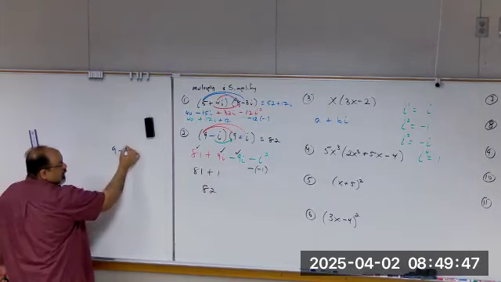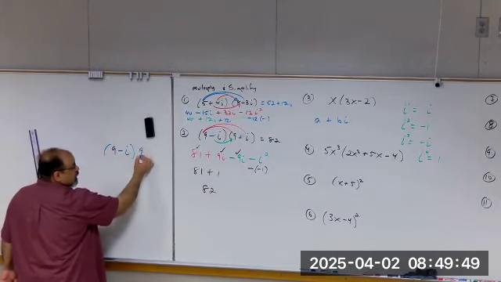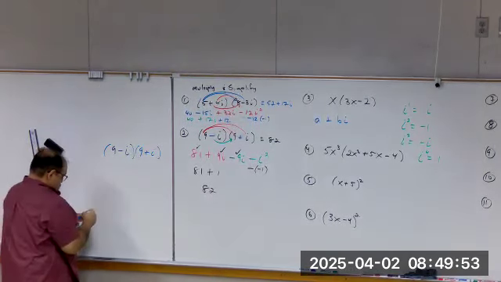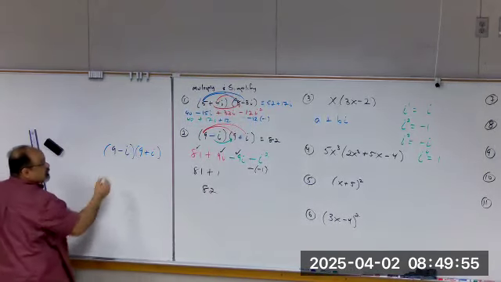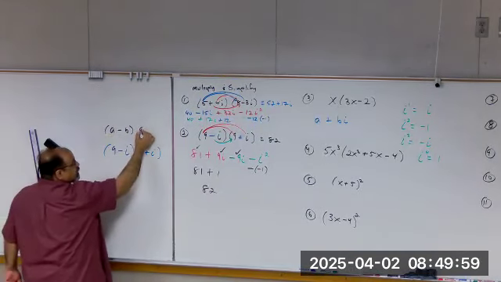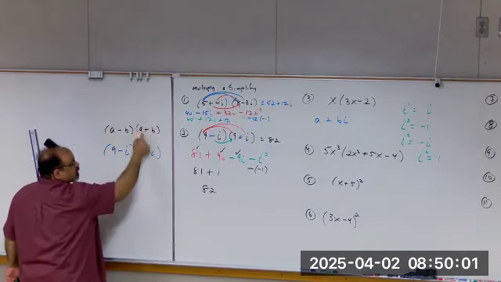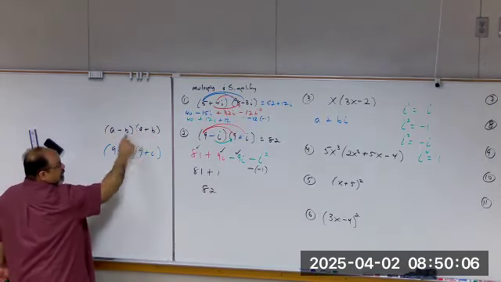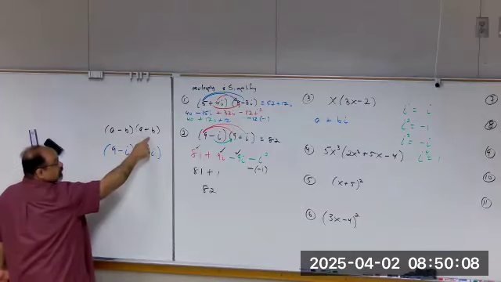The 9 minus i times the 9 plus i is this multiplication. A minus B times A plus B. It's a special product. You have exactly the same terms, A and B, but the signs are different.